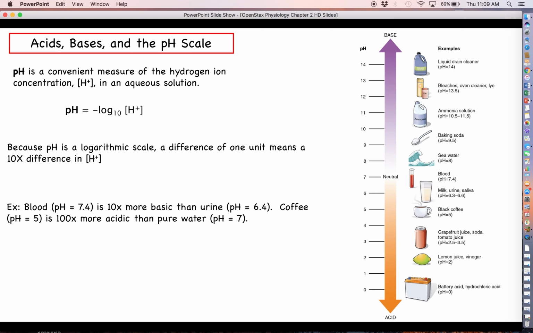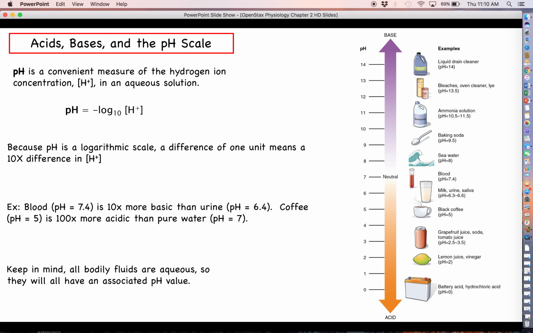So the idea here is that the pH scale ranges from 0 to 14, and a 7 on the pH scale is perfectly neutral, and that is pure water. Pure water is perfectly neutral. But when you start adding things to water, you can start changing the pH a little bit.